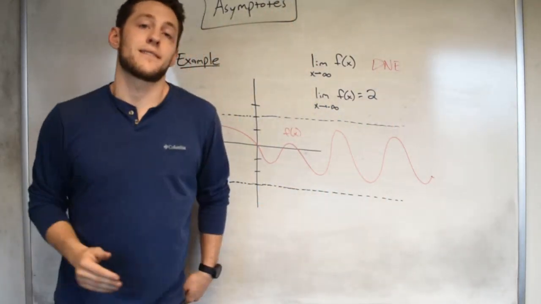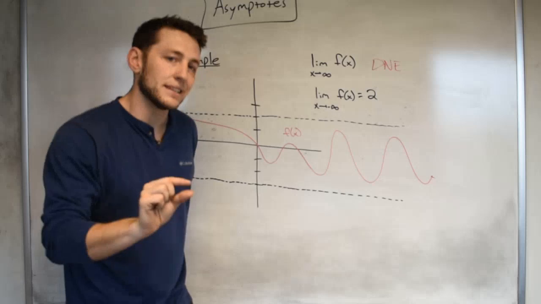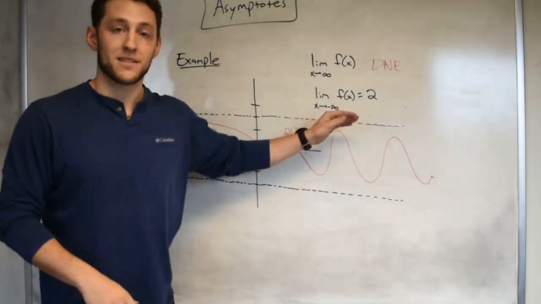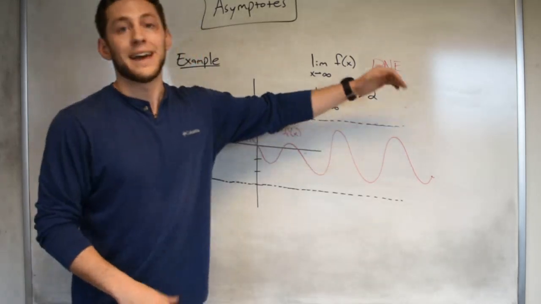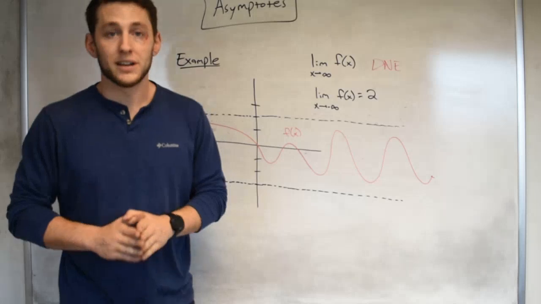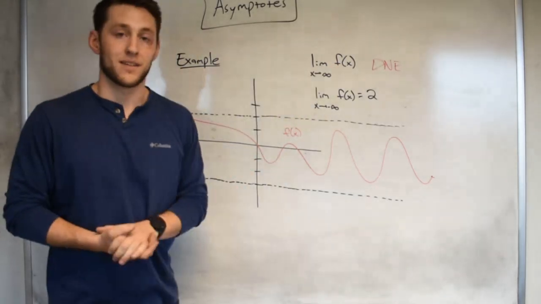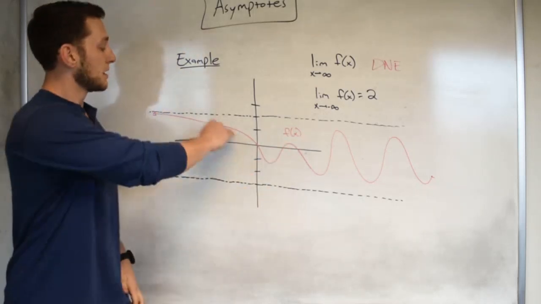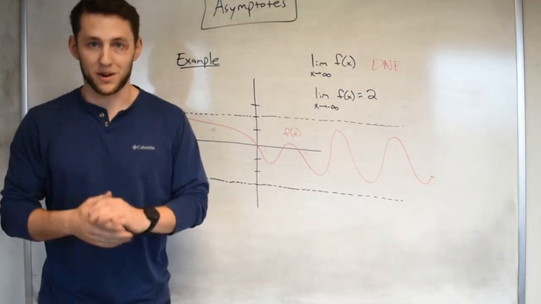The reason is because, yet again, we're not settling on a y value. As I go to infinity, there are definitely x's where my y is up here, and there are some where my y is down here. Since I cannot find a common y value to settle on, the limit would not exist. The limit as we approach negative infinity would still exist because we do settle on a y value out here.